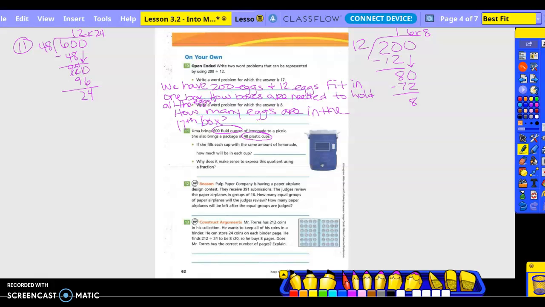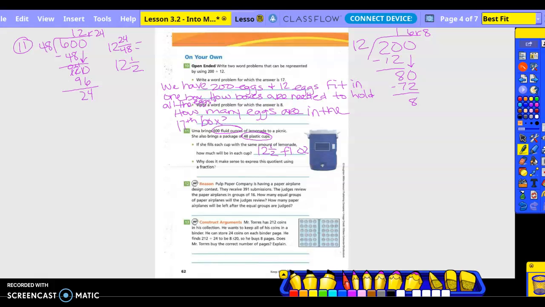So that equals what? 12. And then our remainder becomes the numerator. Our divisor becomes the denominator. Is that in simplest form? No. Okay. What can that become? 12 and 1/2. So 12 and a half fluid ounces.